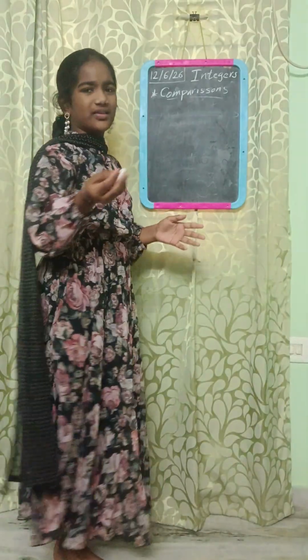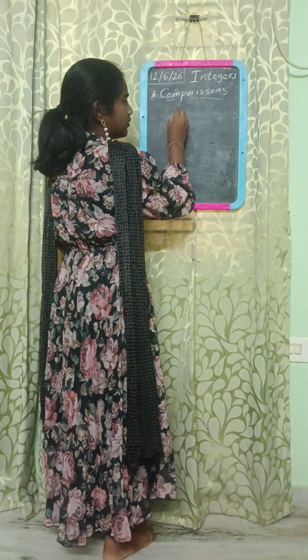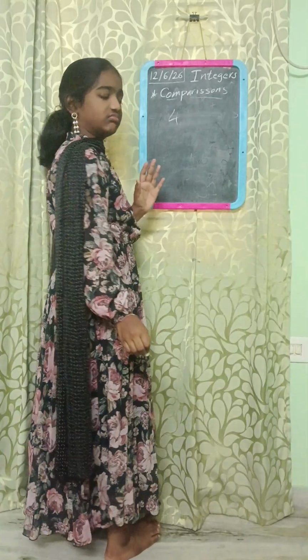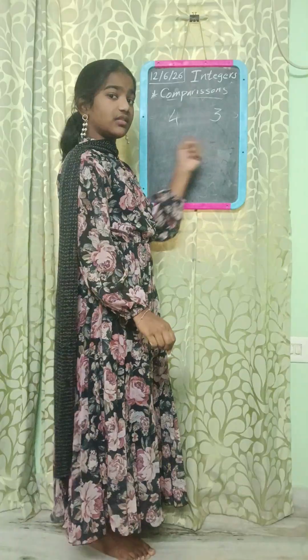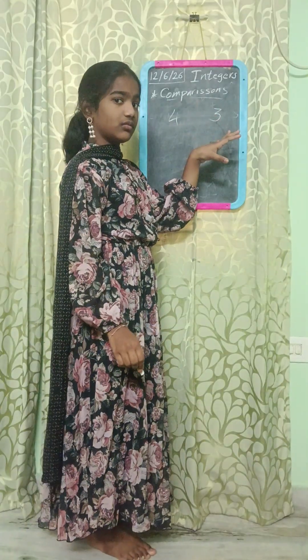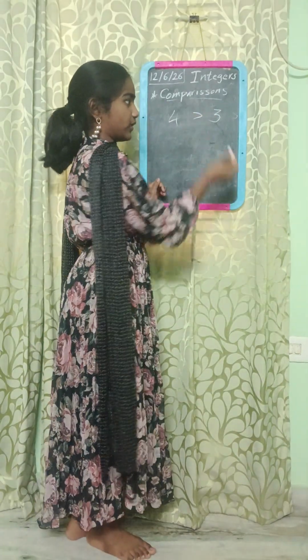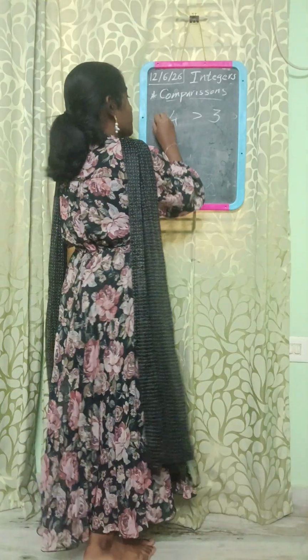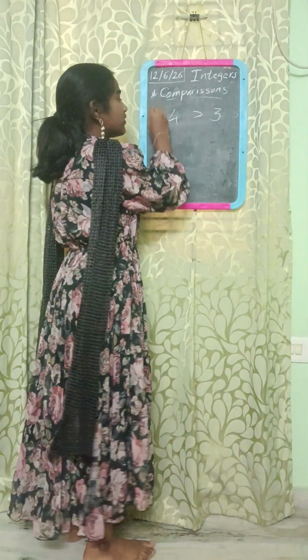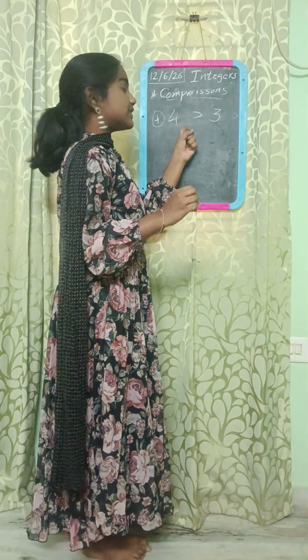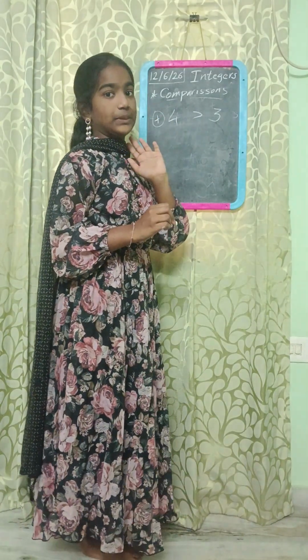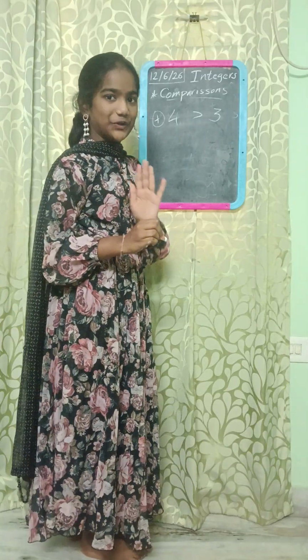So positive, for example 4 and 3. Which is greater in this, 4 or 3? 4. Obviously 4. This is in the case of positive. In positive case, only in positive numbers, the highest number will be greater. But wait for the negative one.